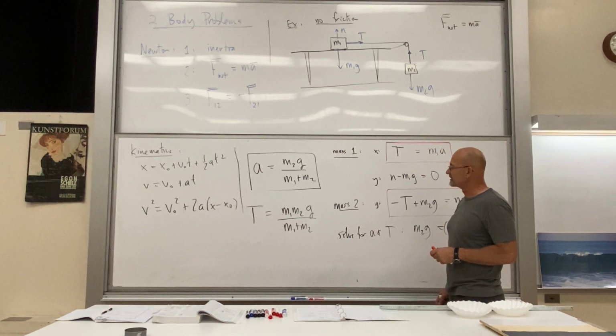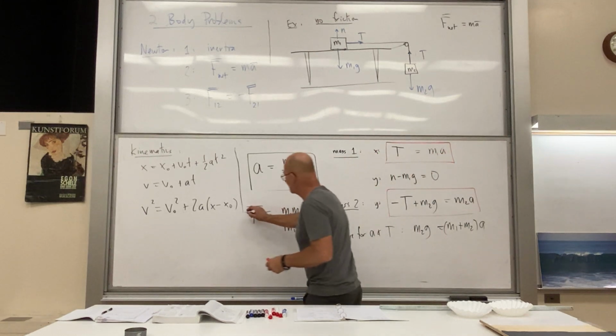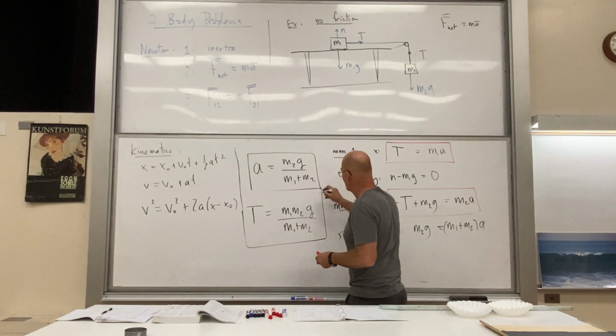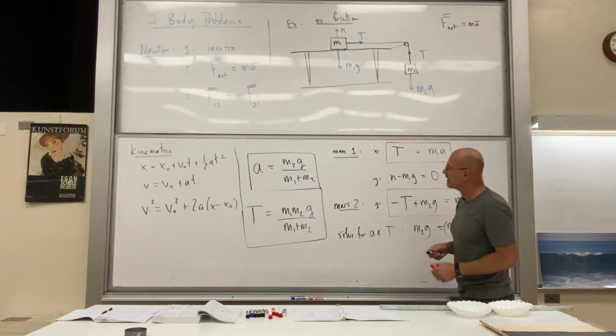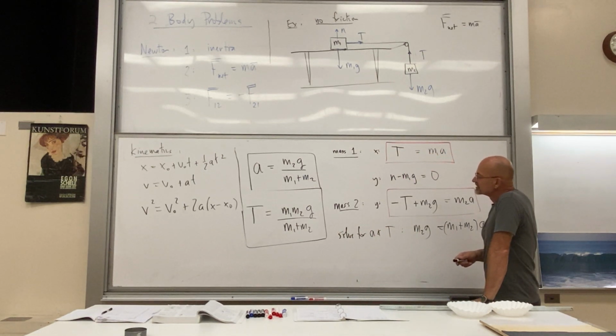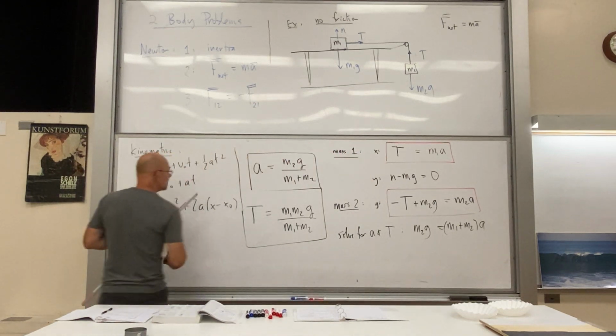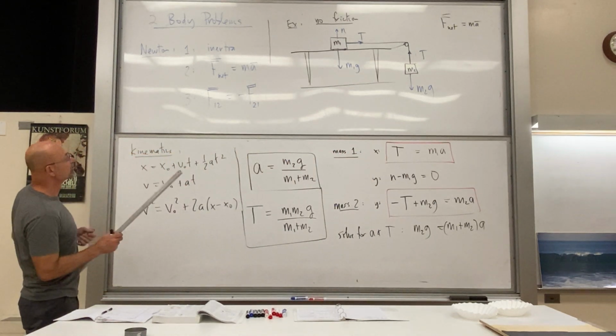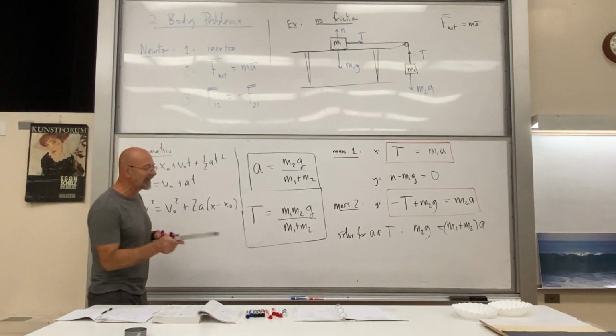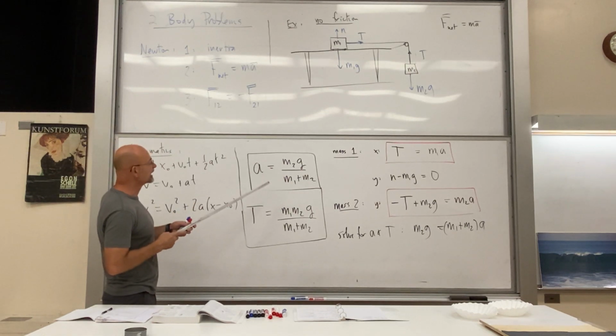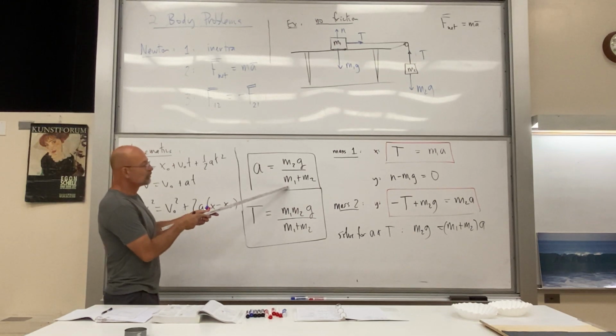So that's the tension. So let's see if we can make some sense of these in terms of interpreting them, because we can now deal with the limiting cases. For example, suppose M1 is 0.